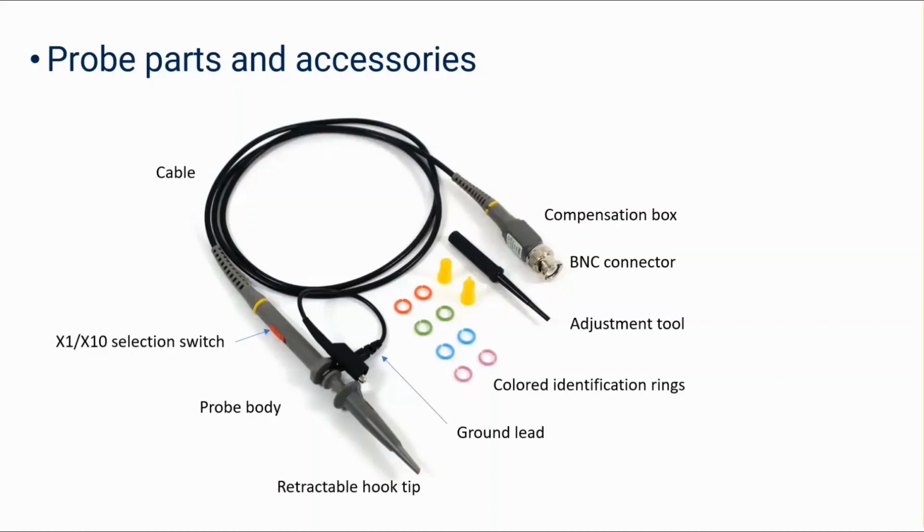A ×10 probe solves this by adding a capacitor network that boosts the signal as the frequency increases. The capacitance of the probe needs to be closely matched to the input capacitance of the scope in order to maintain the 10:1 ratio throughout the frequency range of the probe. And this is why we have a user adjustment in the probe compensation box and why there's a tool provided for the job.